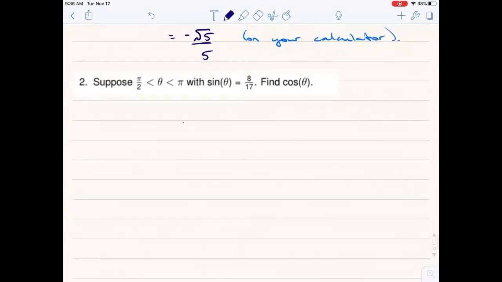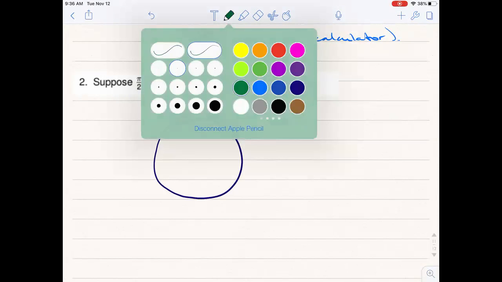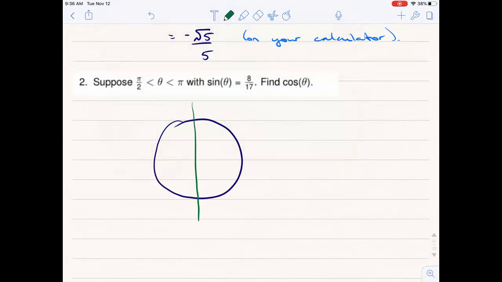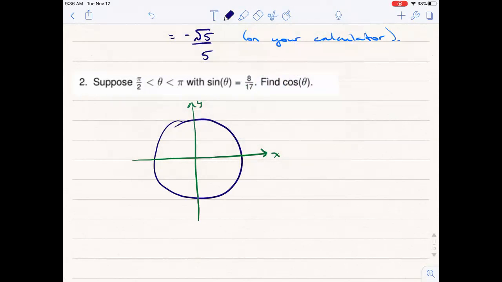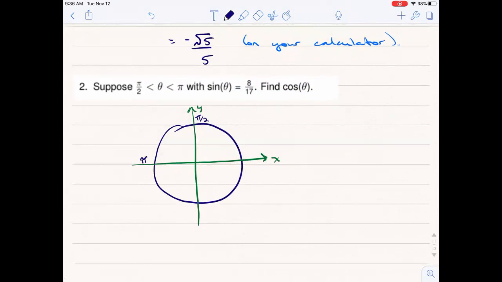And so let's start there and say, okay, well, we have to have a circle here. And as before, I'm going to split this up into my x and y coordinates. At the positive y-axis at the top here, this angle would be pi over 2. And then on the negative x-axis, I'm at pi.